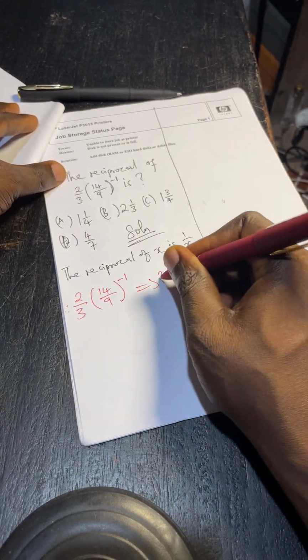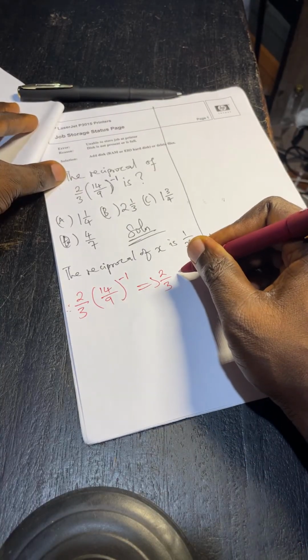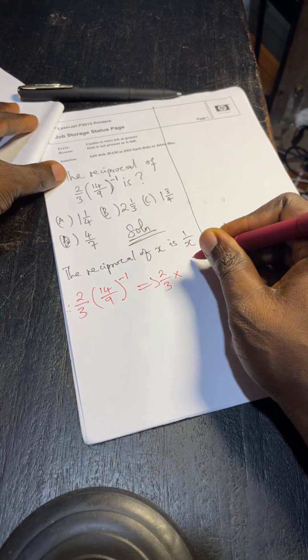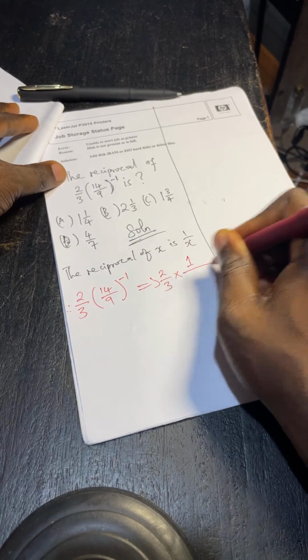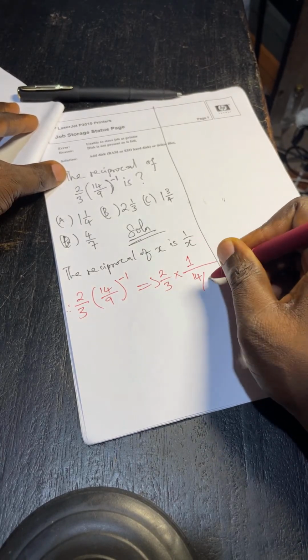Is the same thing as saying 2 over 3 times 1 all over 14 over 9.